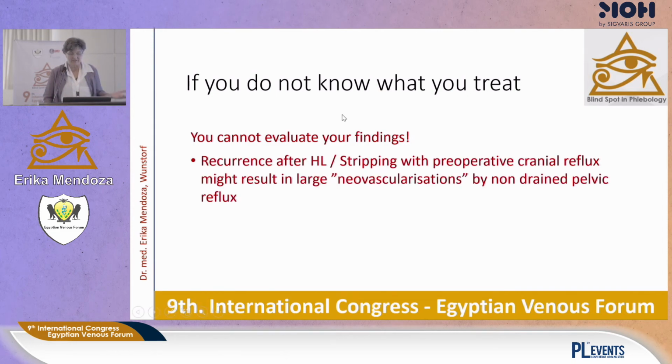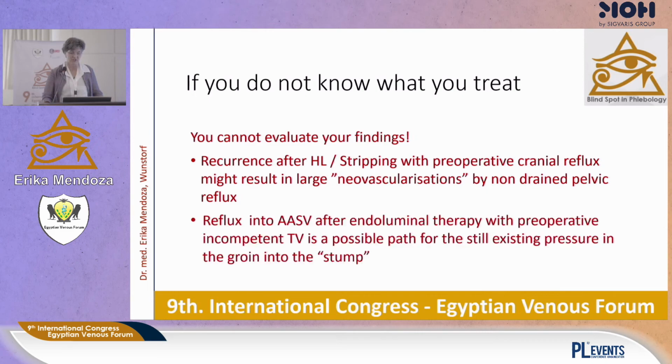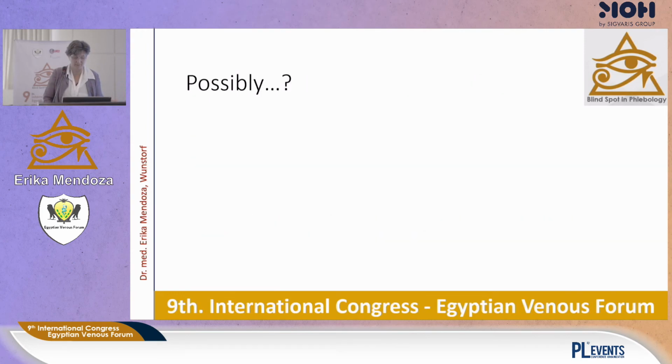The recurrence after high ligation and stripping with preoperative cranial reflux might result in this neovascularization because the pelvic reflux is cut in the middle of the way and has no more a drainage. The reflux into the anterior accessory vein after endoluminal therapy with preoperative incompetent terminal valve is a possible path for the still existing pressure in the stump.